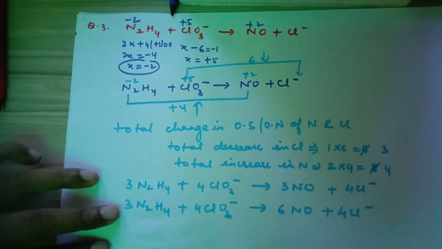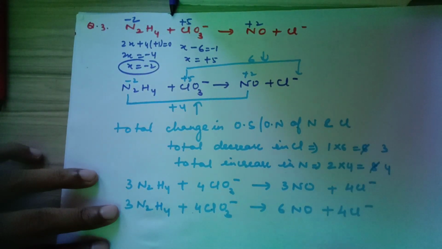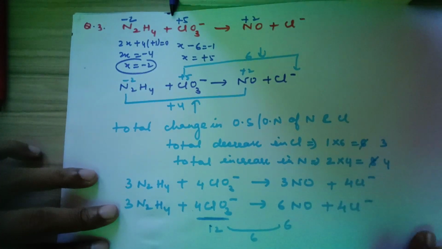Now we have to balance the number of oxygen. Here the number of oxygen is 4 3s are 12, here the number of oxygen is 6. The difference is of 6, so we have to add 6 water molecules on the right hand side.